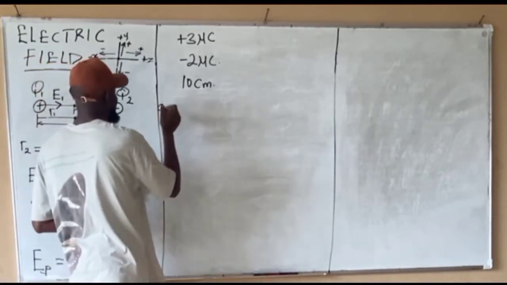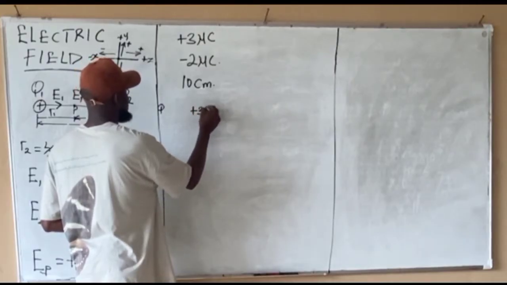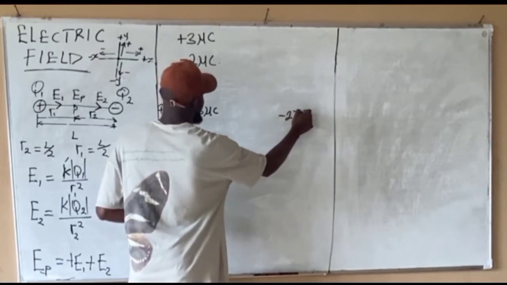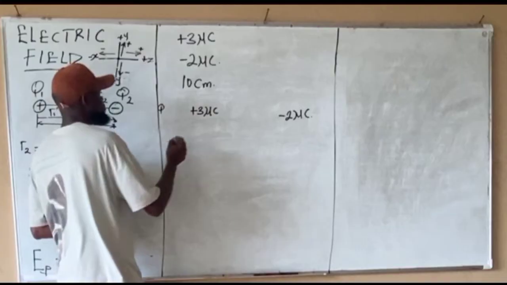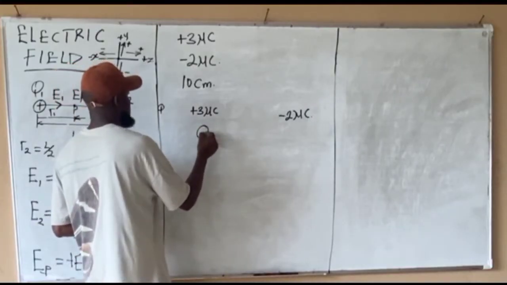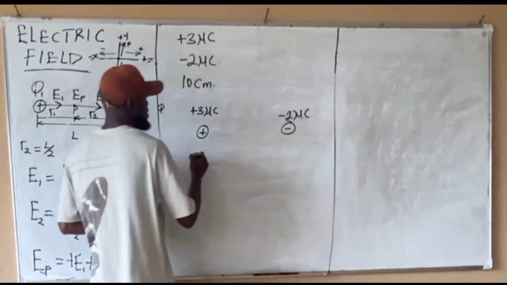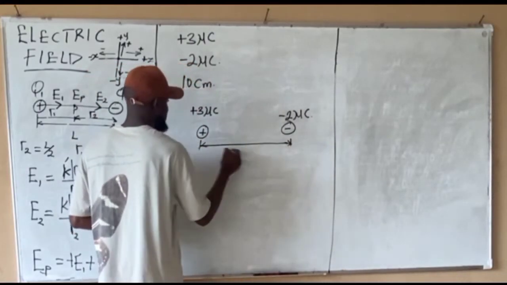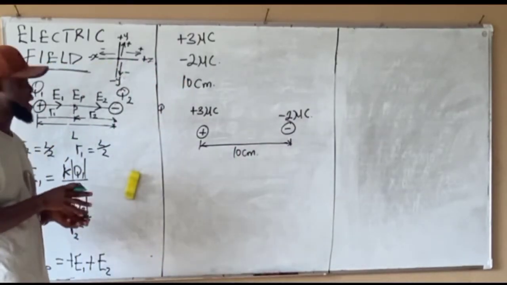For question A, we have plus 3 microcoulomb, then we have minus 2 microcoulomb. This one is positive, this one is negative, and they are 10 cm apart.